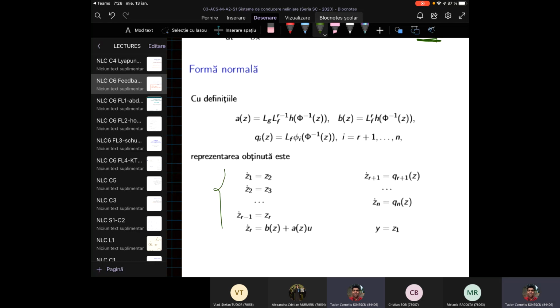Now you can get the so-called normal form. This is what happens from z1 to zr minus 1. This is zr, which is going to help us compute the feedback linearizing control law. These are zr+1 to zn dot, and this is the output, z1. This is the form that we have brought our system into.